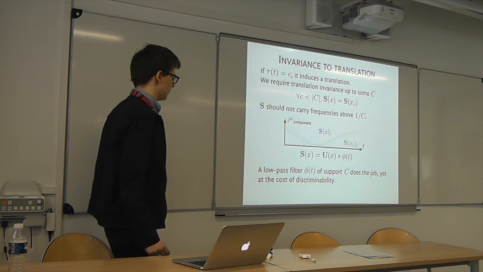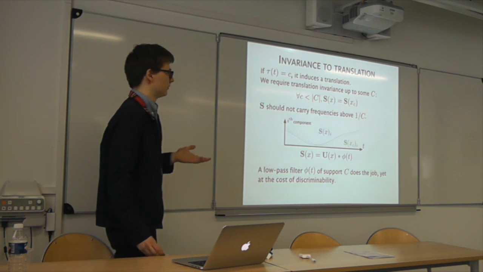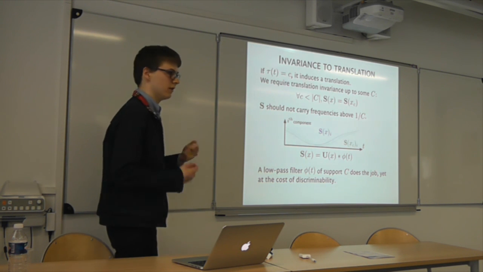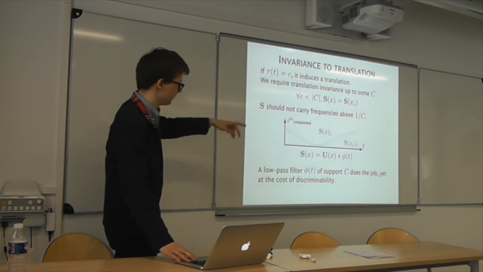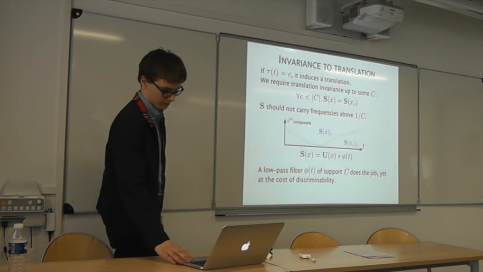So the low-pass filter does the job, but of course that's not the end of the story, because we have lost a great deal of informative discriminability while going from here to there, obviously.